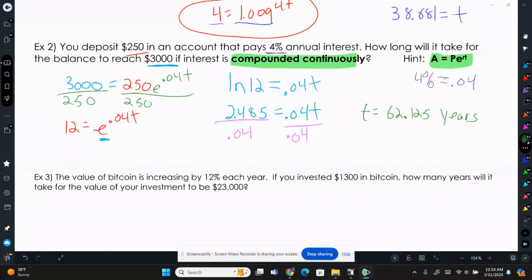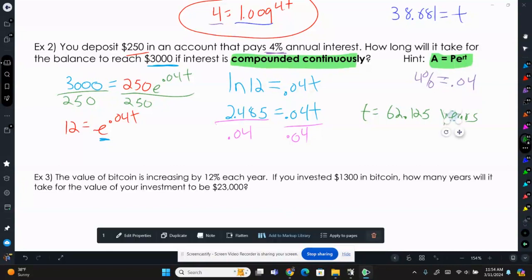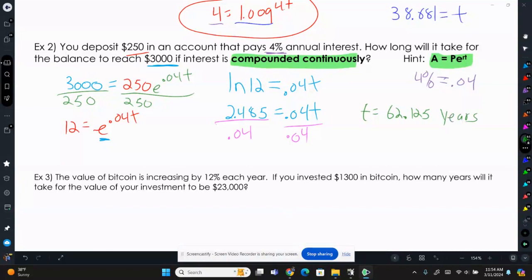So a long time to go from $250 to $3,000. So we're combining what we did earlier in the unit, writing these equations, but at that point, we were told what t was and what r was, and we had to figure out either the principal, what we started with, or the a value, the amount, what we ended up with. Now we're able to solve for t.